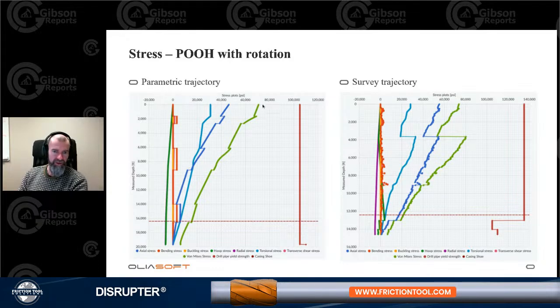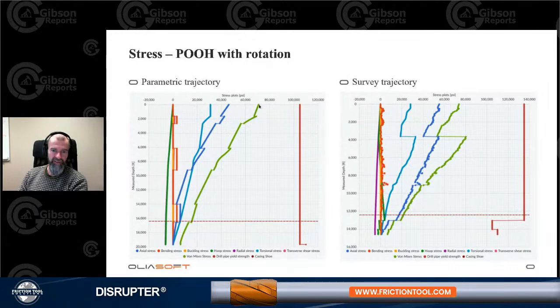On the far right-hand side we see our limit. With this setup, we should be fine to run into the hole. We are at least 30-35% below the yield strength of the drill pipes.